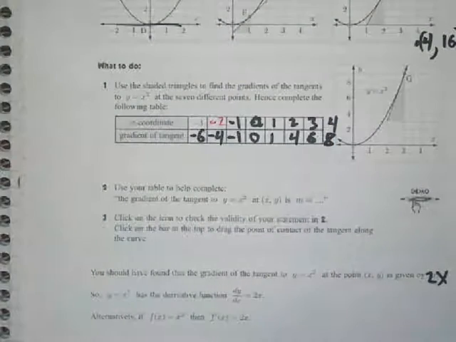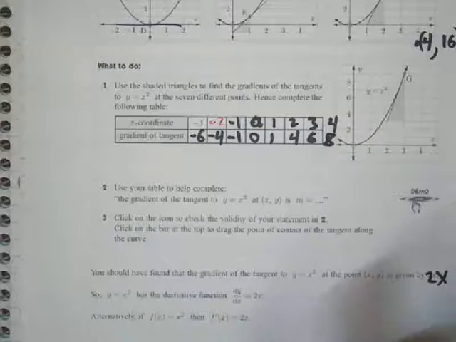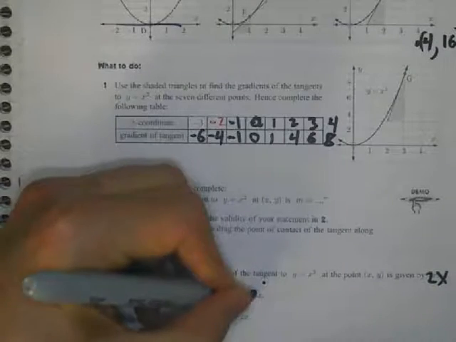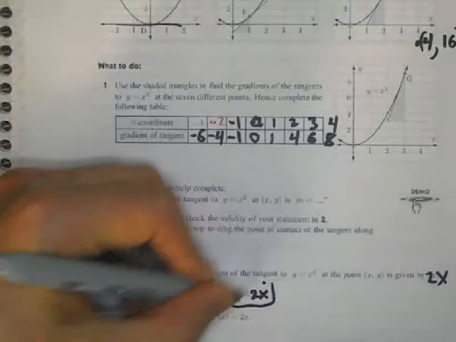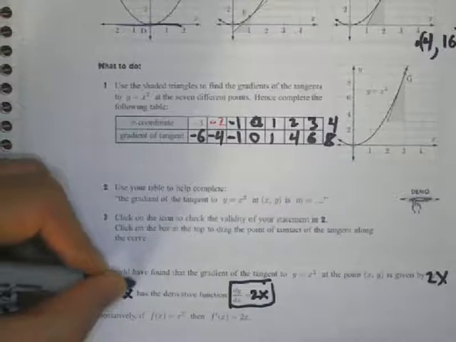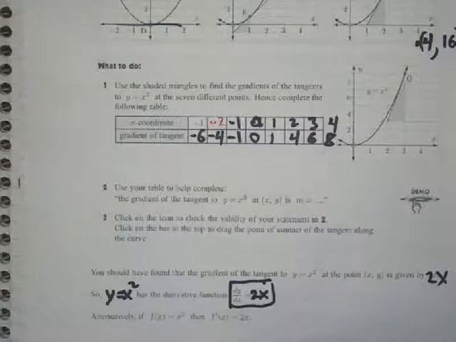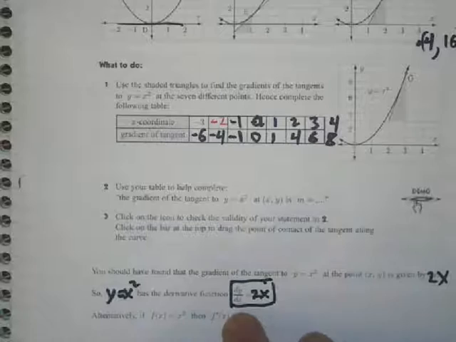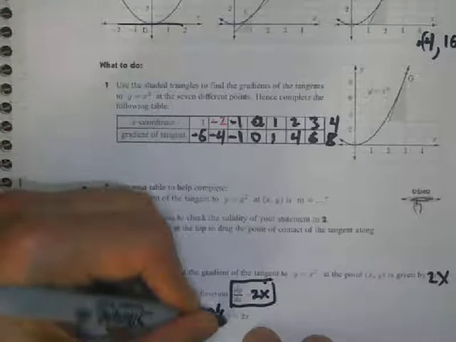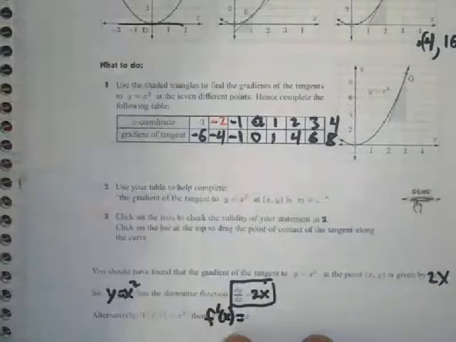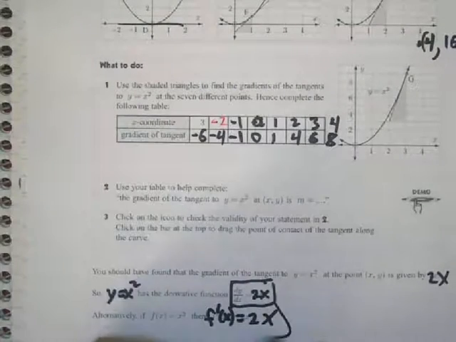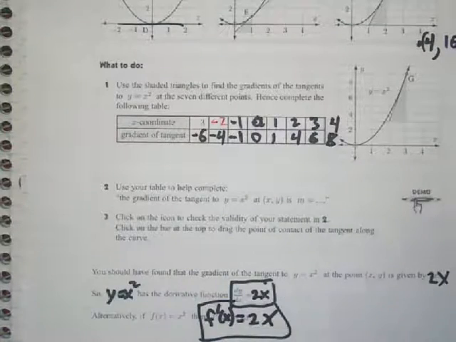Okay, so my derivative function is 2x for the equation y equals x squared. You might see it as dy dx, or you might see it as f prime of x equals 2x. You're going to see it written both ways in the textbook.